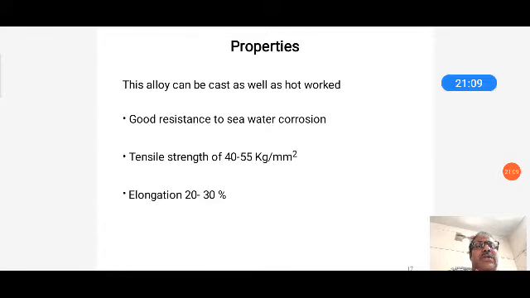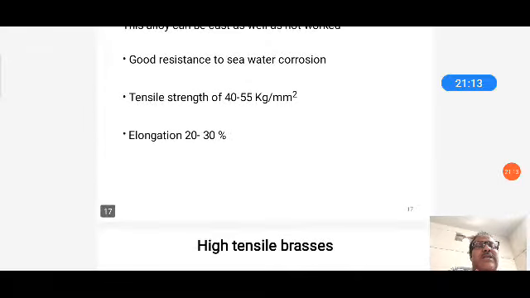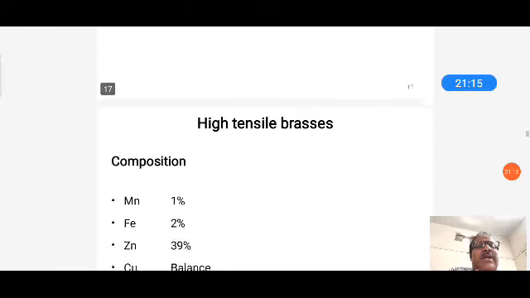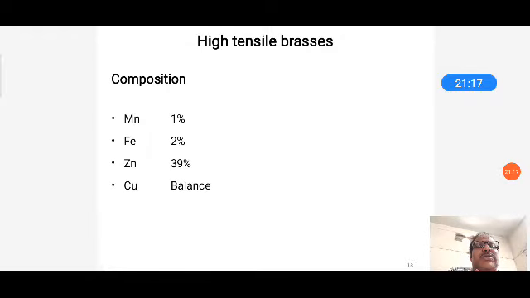This shows the good mechanical properties that high tensile brasses can withstand. The composition: manganese 1%, iron 2%, zinc 39%, remaining copper, used for manufacturing of high tensile brasses.